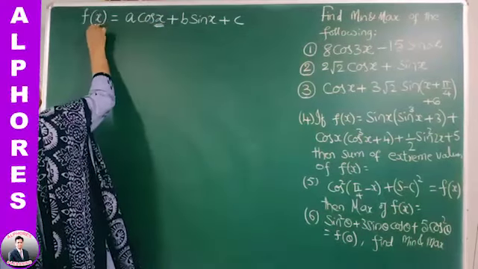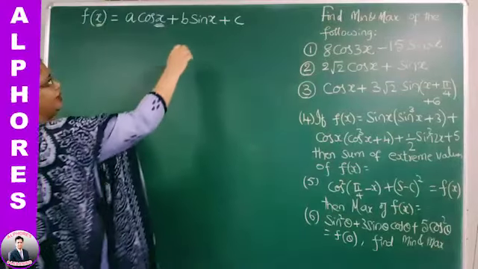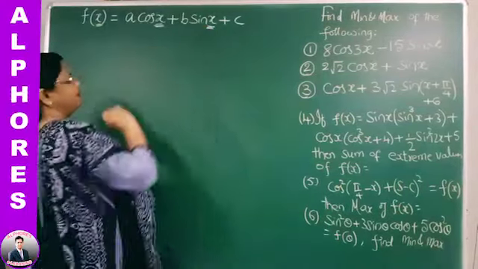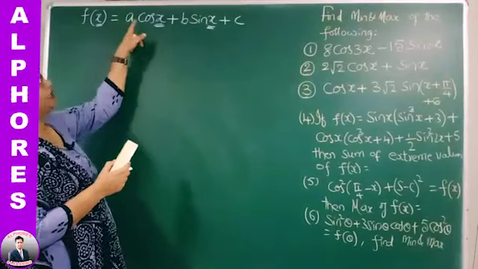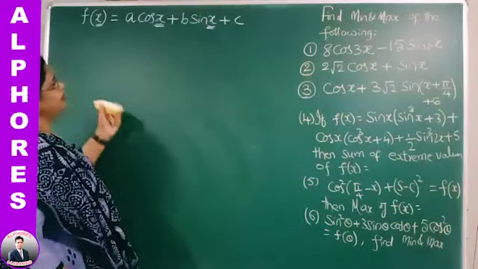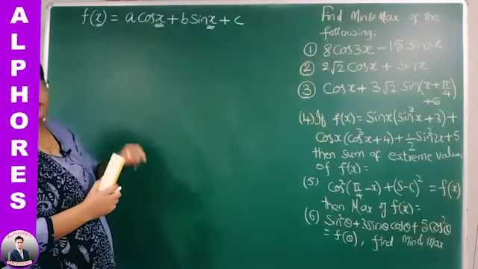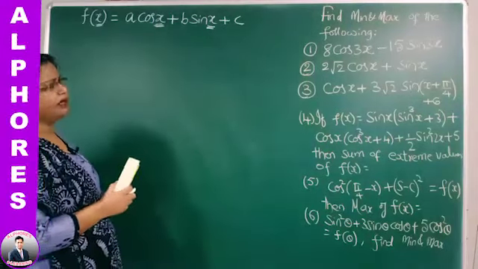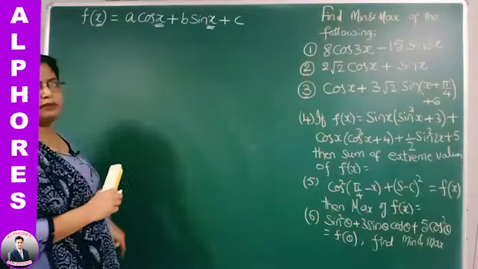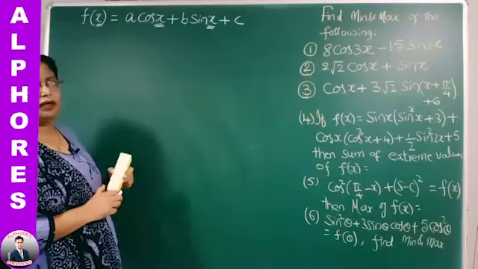Whenever you are defining any function in terms of x, you have to observe that the x value is the variable. The other terms, that is a, b, c, are any kind of real numbers. That means whatever real number x you substitute, for all x belonging to the domain of f of x, what is the least among all values, and what is the greatest among all values?